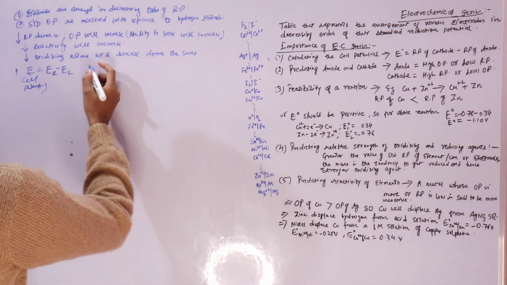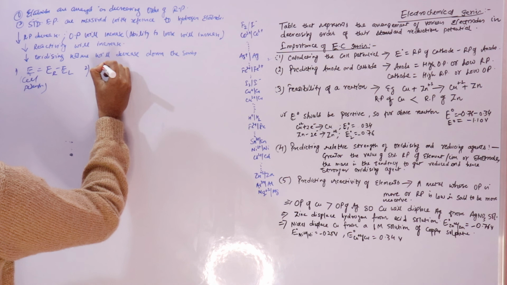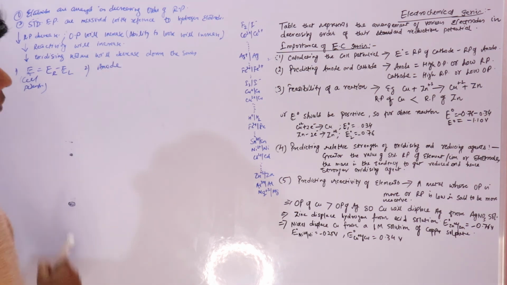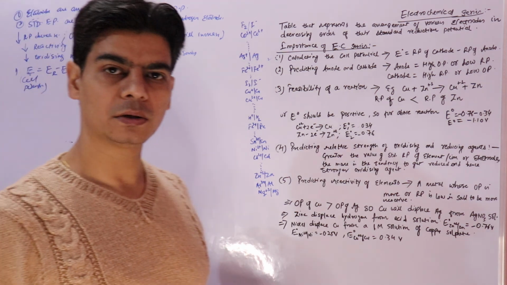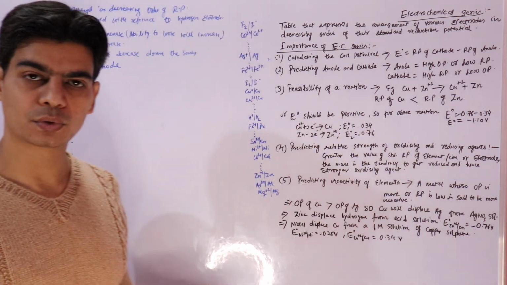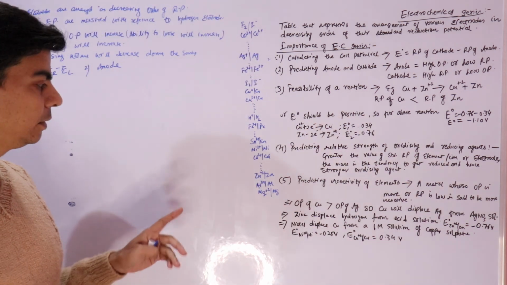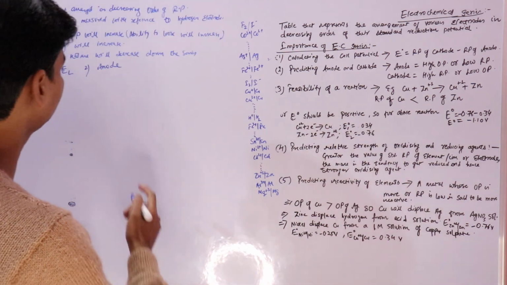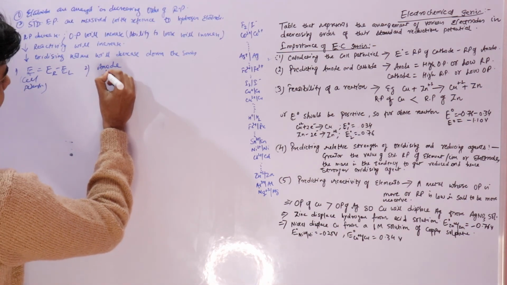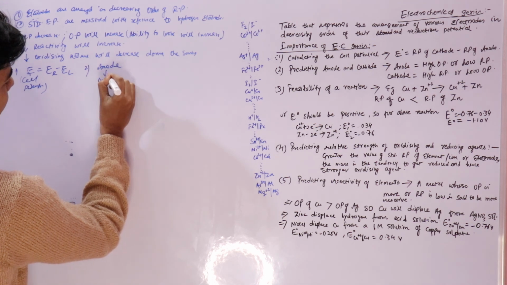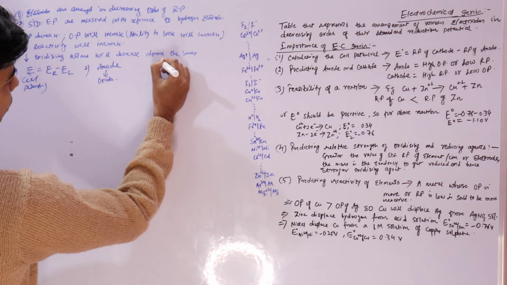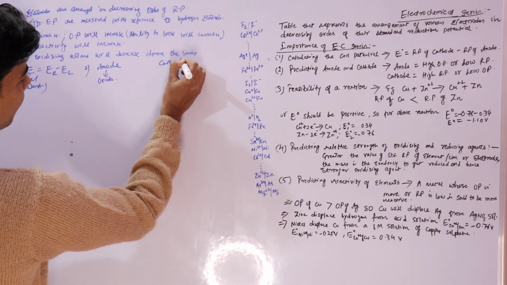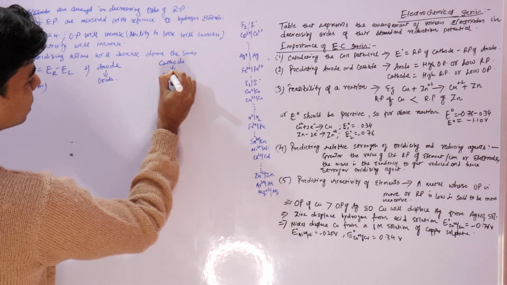Now, predicting anode and cathode. You know from the working of a galvanic cell that at the electrode towards the left hand, oxidation occurs, right? And the cathode is where reduction occurs.